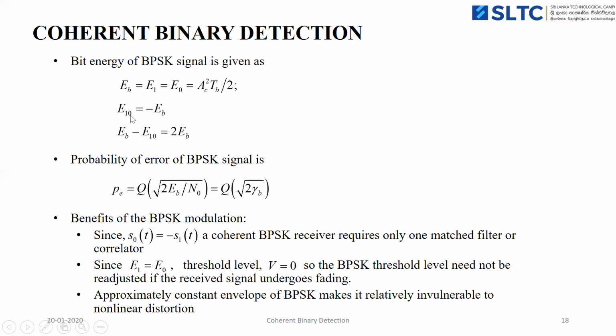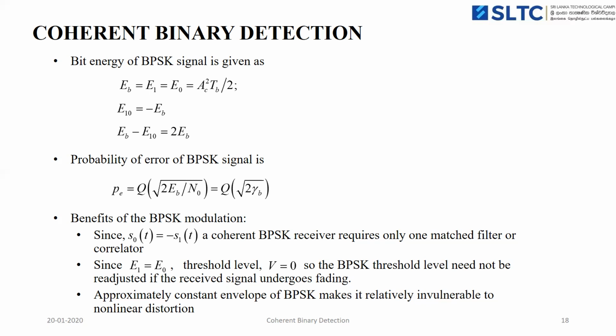Now we can substitute: E1 minus E10, where E10 equals minus EB. So minus minus plus, it will be equal to 2 EB. Therefore, the probability of error for binary phase shift keying is Q of square root of 2 EB by N naught, or it will be equal to Q of square root of 2 gamma.